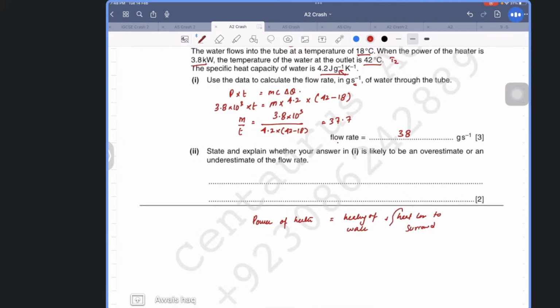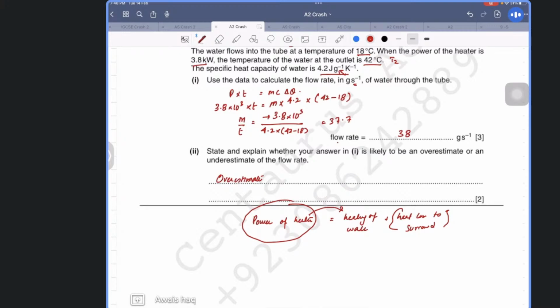Now, when you ignore this, you should understand that we're assuming that all of the power is going into this, which means that the power value taken right here is bigger than it should be. Is that clear, everyone? So naturally, it would be an overestimate because in actual the power received by water would be less, which means that the flow rate is going to be a smaller value.